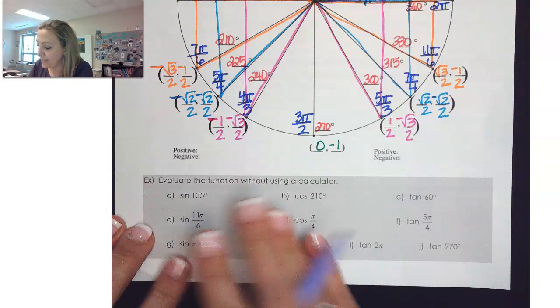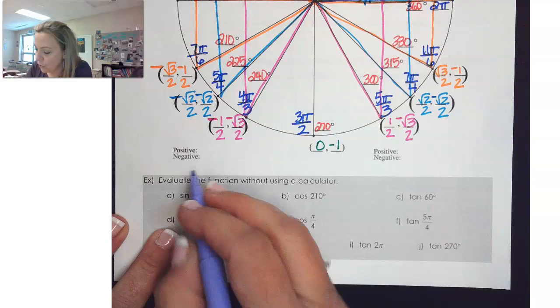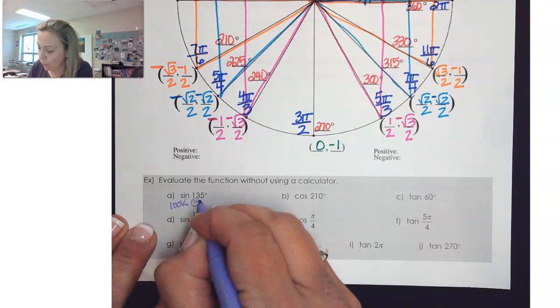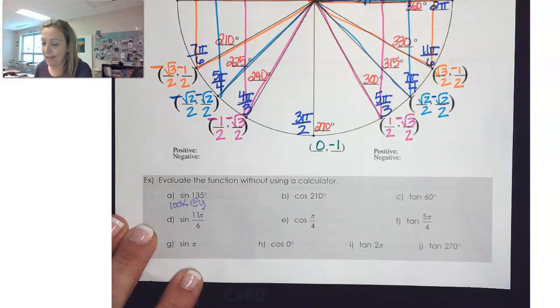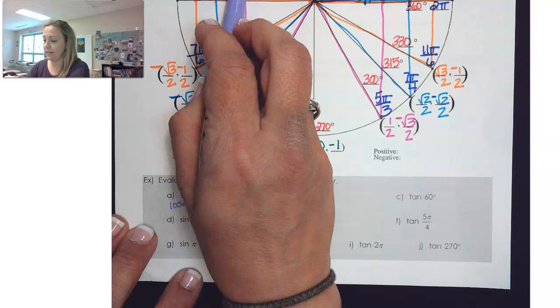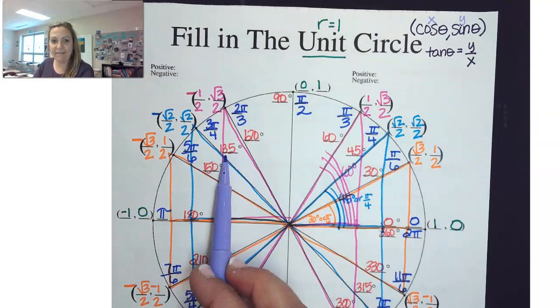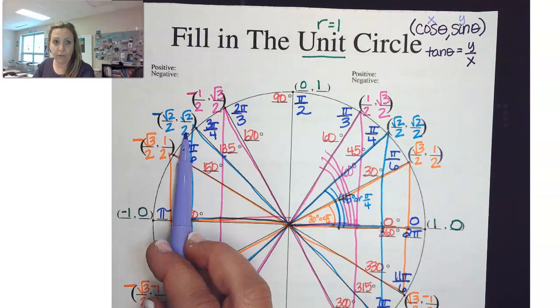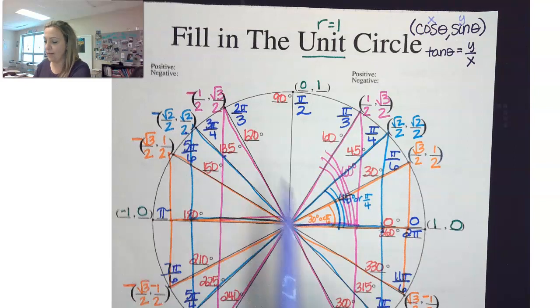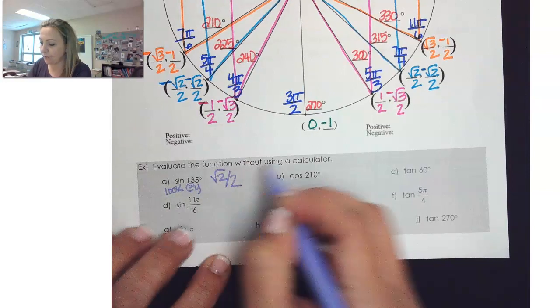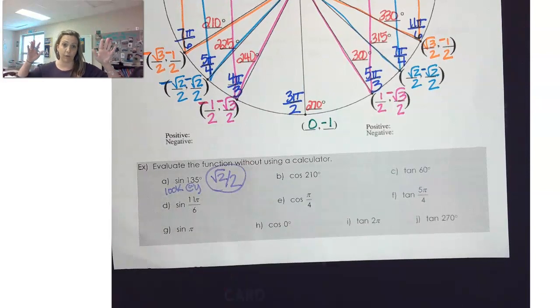Because it wants the sine of 135, you look at the y coordinate. So we go to 135, and now you look at your y coordinate. What is it? Root 2 over 2, right? The sine of 135 is root 2 over 2. That's it, no joke.